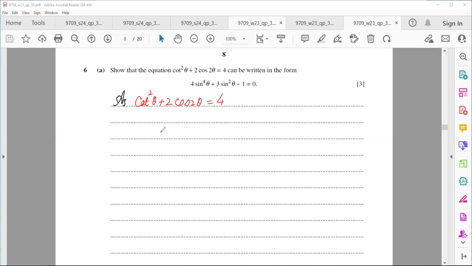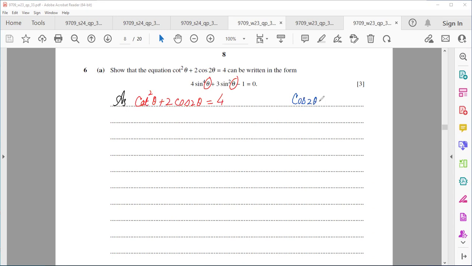I have to change the whole equation in terms of sine and a single theta. That's my target. I have to write the formulas. Which formulas do I have to use in this question? The first formula is whenever we have cos of 2 theta.